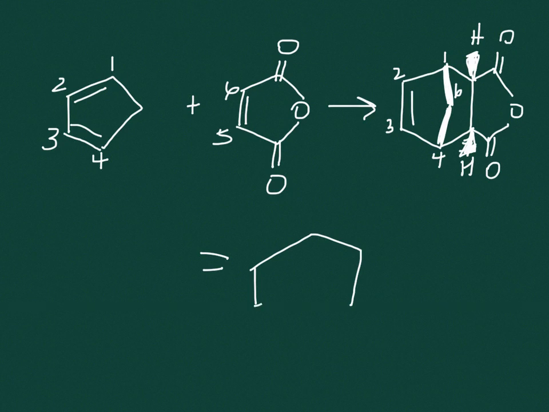If we translate this so that we have our cyclohexene ring here in the plane, 1, 2, 3, 4, 5, 6. Here we have a single bridge.